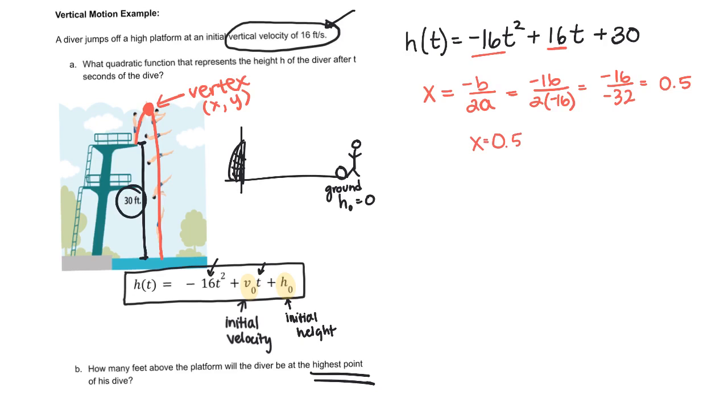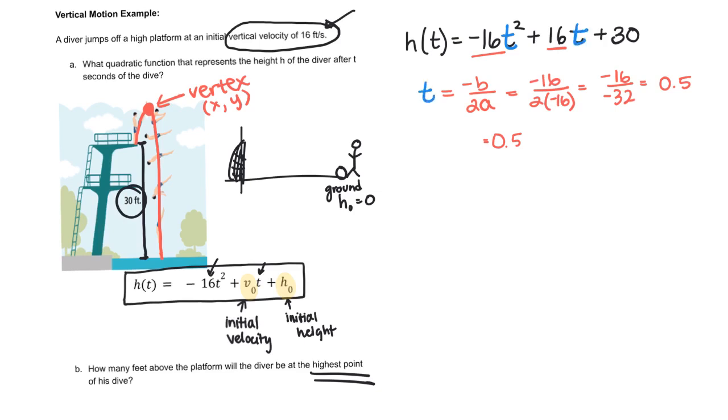Now, the question is, are we trying to find x or are we trying to find y? Because let's be honest here, we don't even have x's and y's in this equation. We have t's and h's. So what variable is in place of the x in this quadratic? We don't have x's, we have t's.